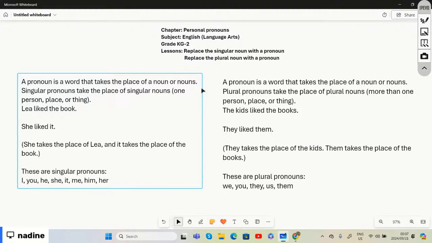And then there's another lesson. The second one is where we need to replace the plural noun with a pronoun.